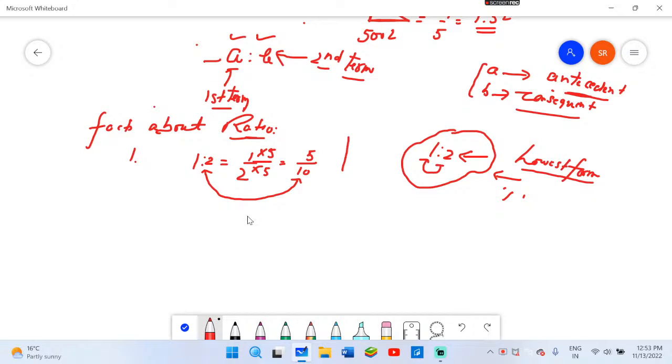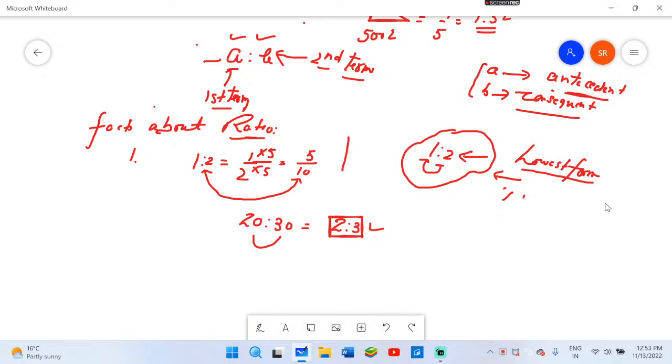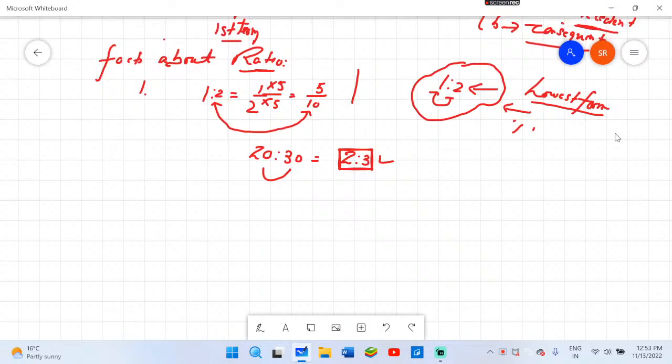So 20 is to 30 can be written as 2 is to 3 by cancelling common factor 10. So this becomes a ratio in lowest form.